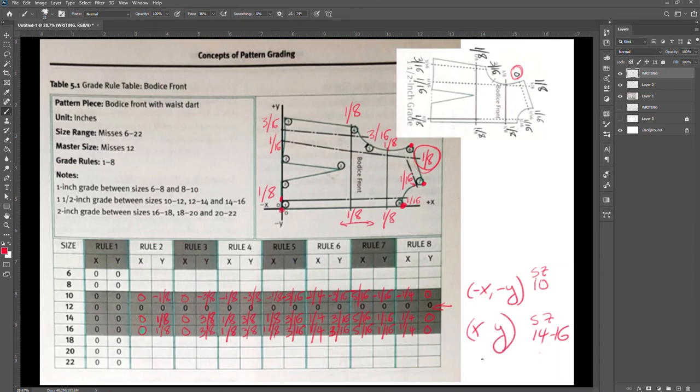So the garment is getting bigger. This one is very standard, and so is the bodice back. It's the same kind of layout, but some of the garments are going to be a little bit more complicated. They won't all be centered in the upper right-hand quadrant.